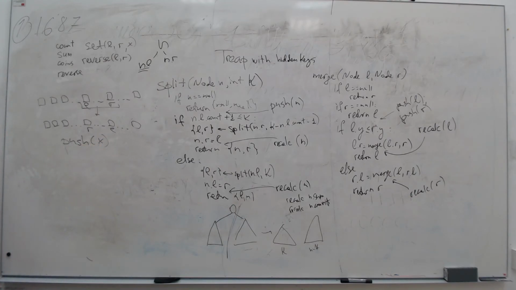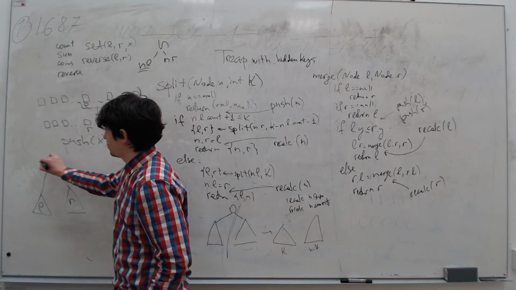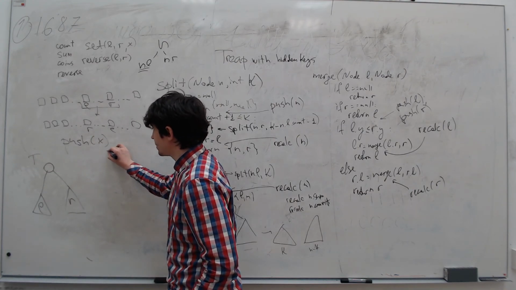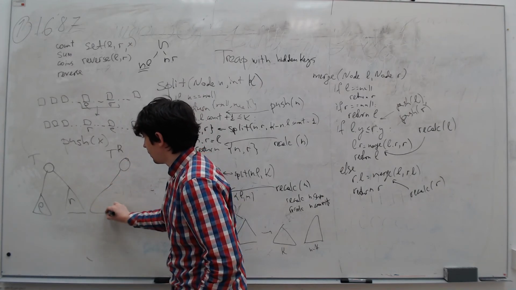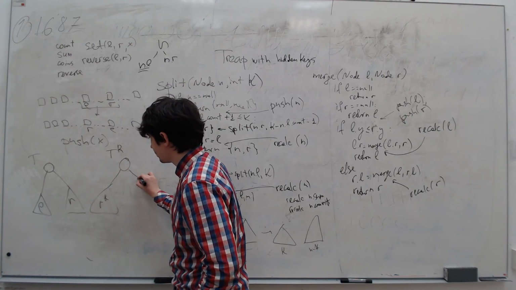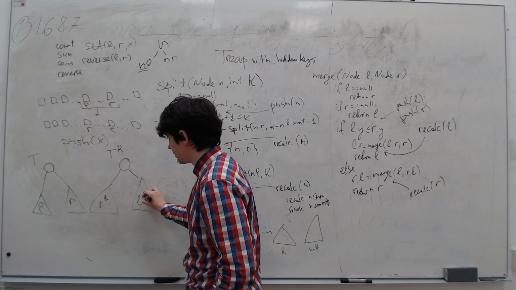So consider our tree. We want to reverse all the values here. It appears that the reverse of this tree will be this value, but with R reversed and left reversed.